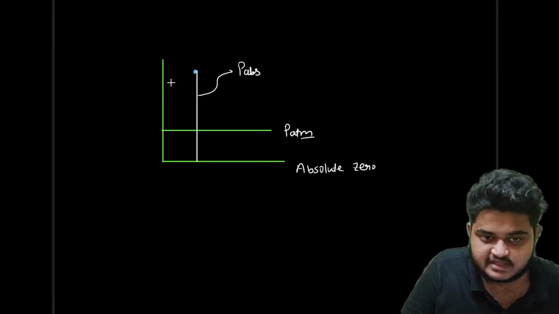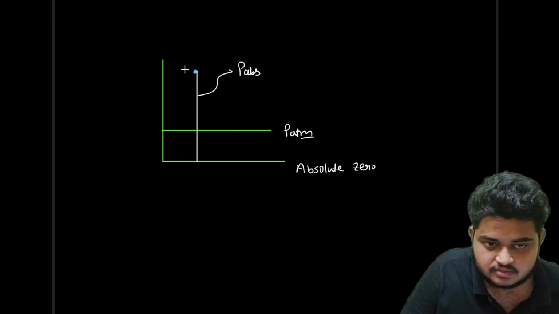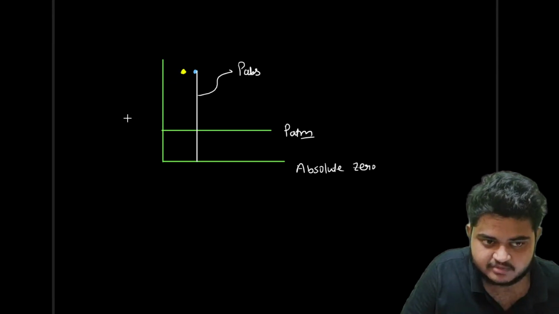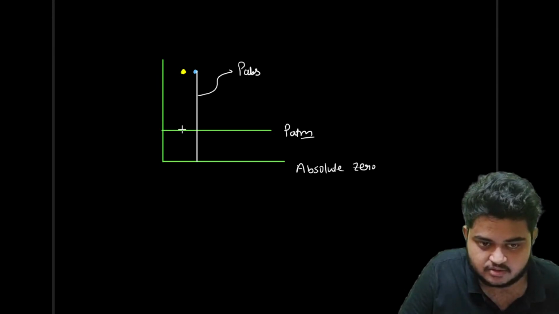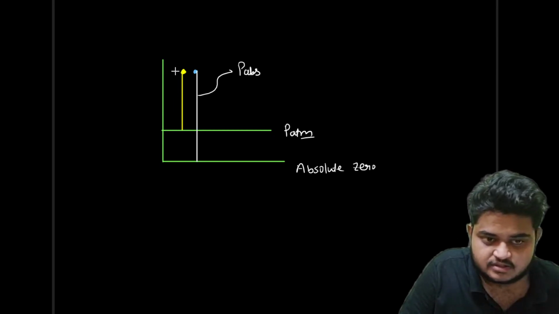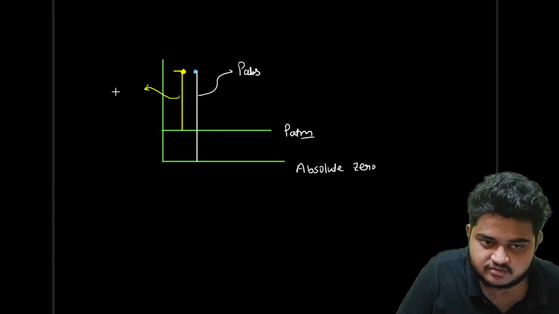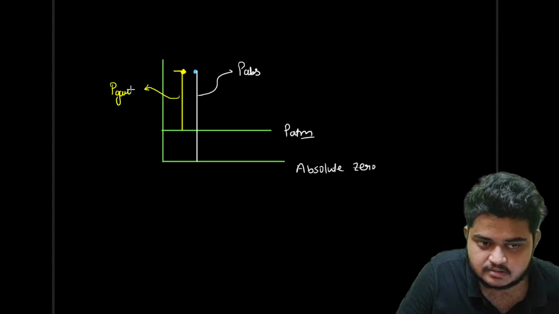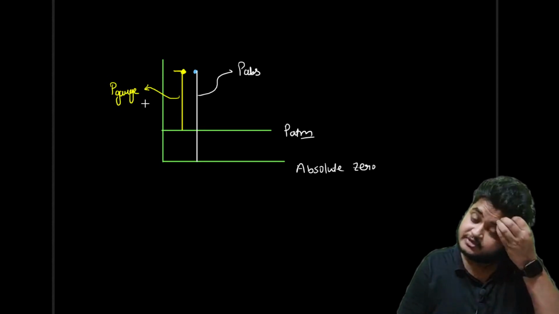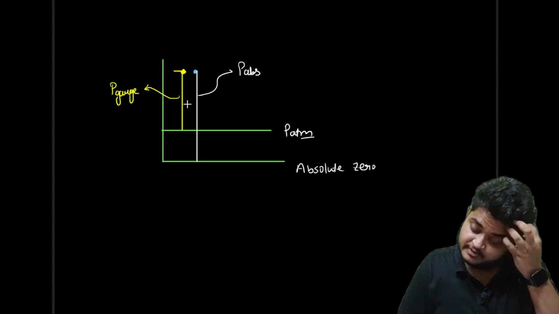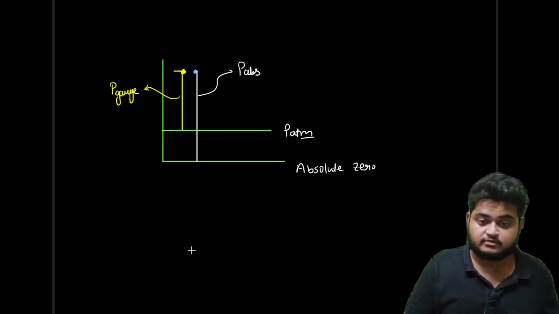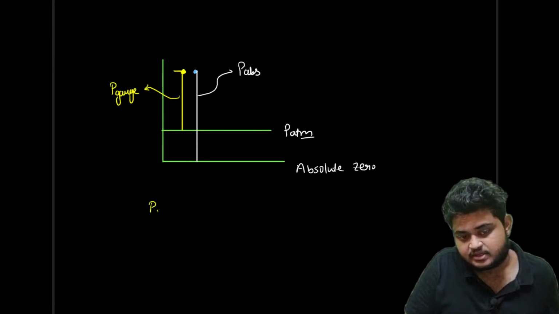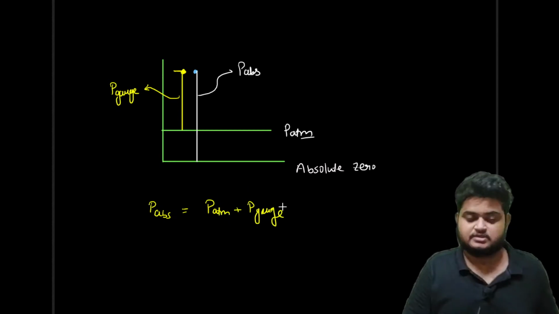And if I measure that same point with respect to atmospheric pressure, it will be called P gauge. So for gauge pressure, the datum is atmospheric pressure. Okay, so the relation is P absolute is equal to P atm plus P gauge.